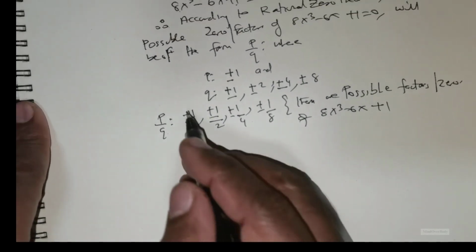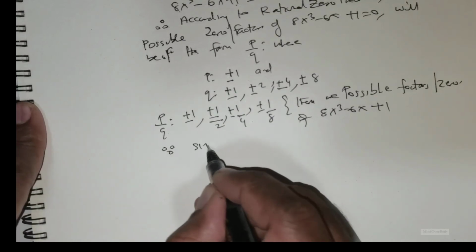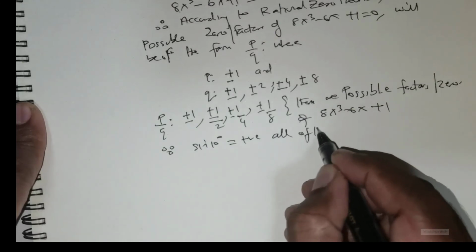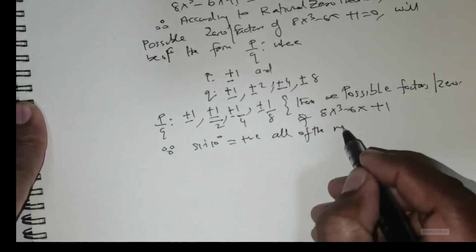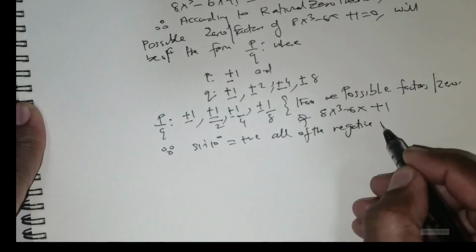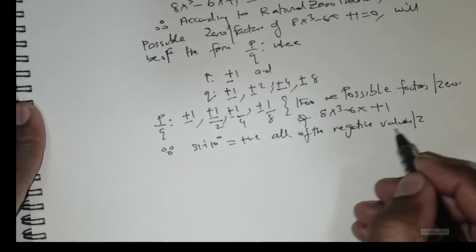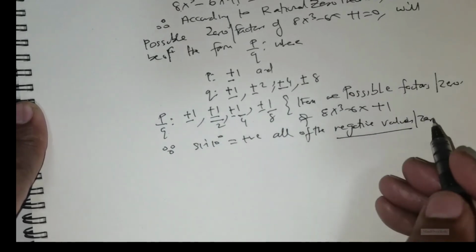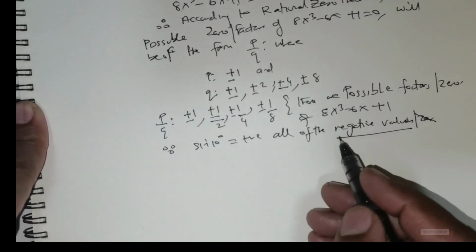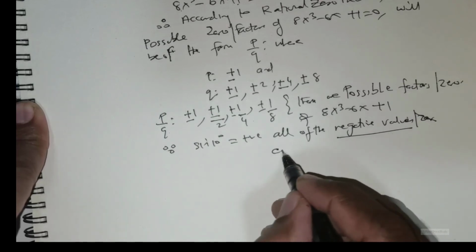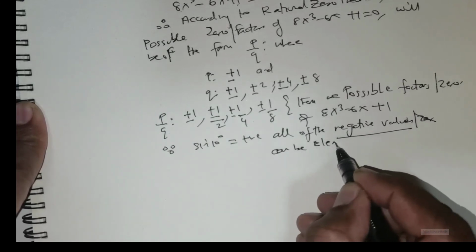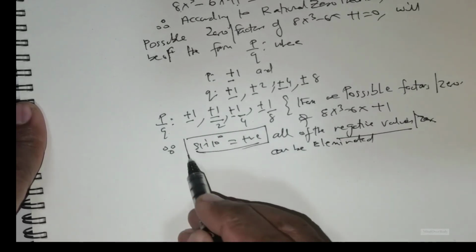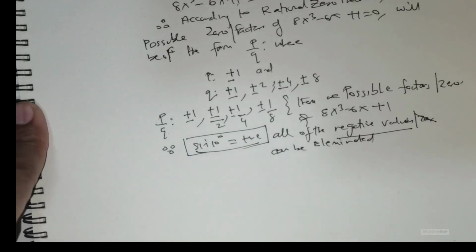Now clearly, since sin 10 degrees is positive, all of the negative values, possible negative zeros, in fact values is better, can be eliminated. Okay, so because of this fact, what have we got?